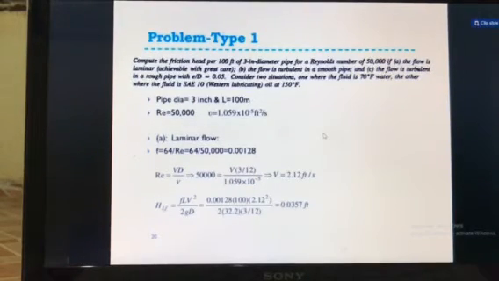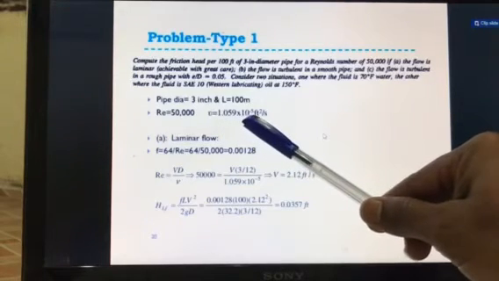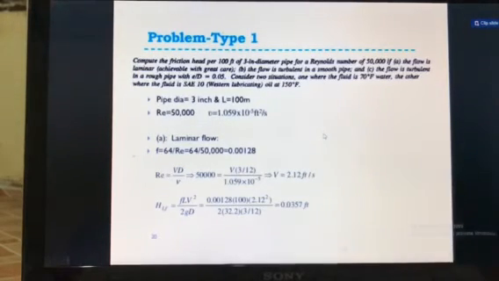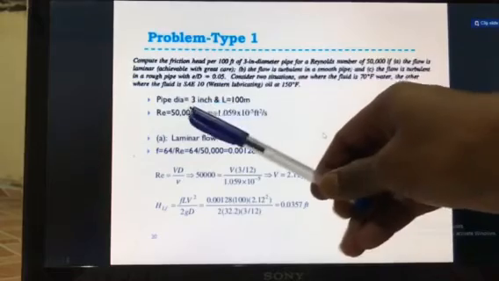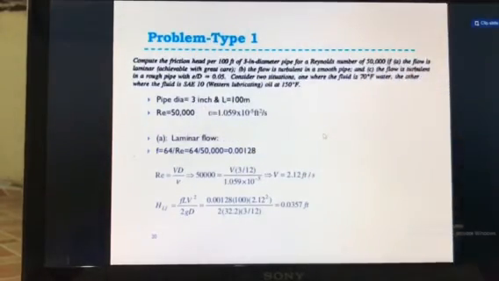The kinematic viscosity is also given in the example, which is 1.059 times 10 raised to power minus 5 square foot per second. First, for laminar flow we need to find the friction factor or head loss. They have given diameter, length, Reynolds number, and kinematic viscosity.